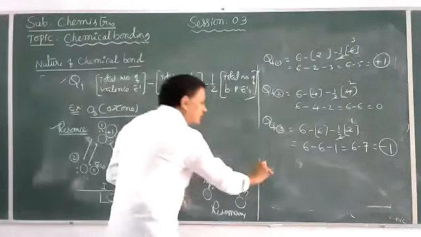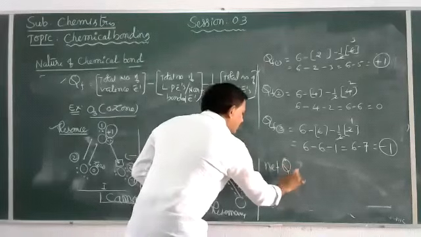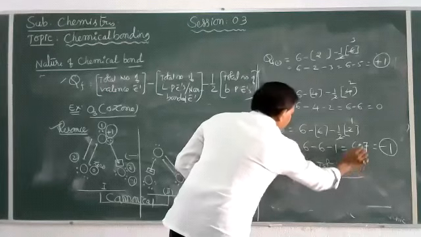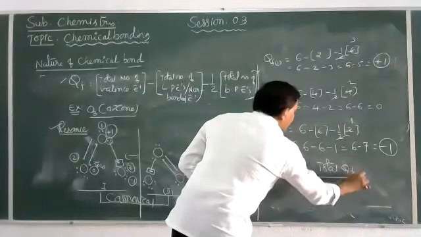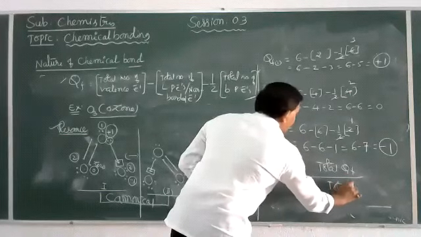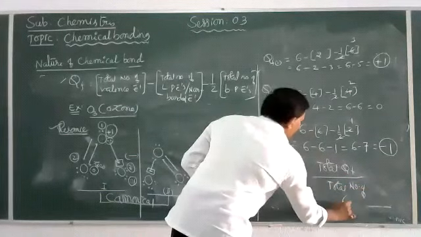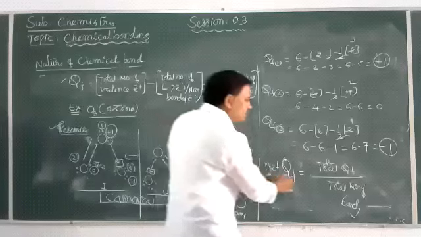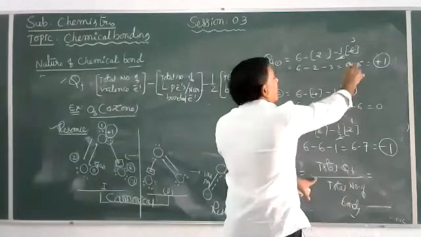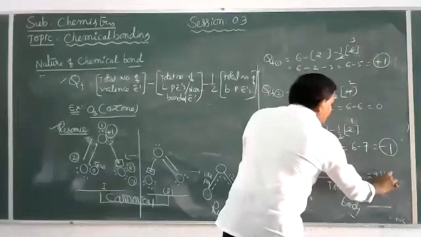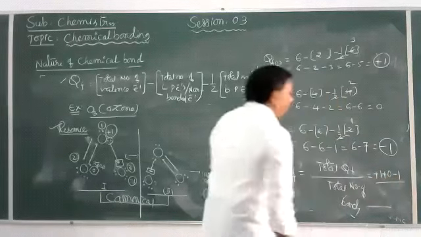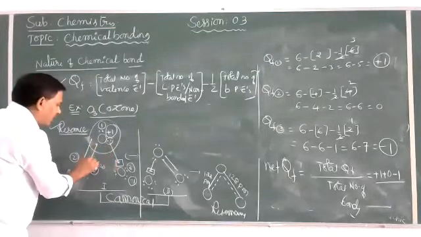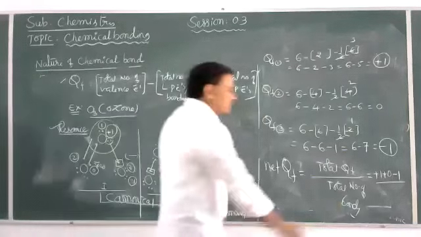For the O3 molecule, the net formal charge is the sum of the formal charges divided by the total number of bonds around the central atom. We already have the formula. The total formal charge for the oxygen atoms is +1 plus 0 minus 1, divided by the total bonds, which is 3.